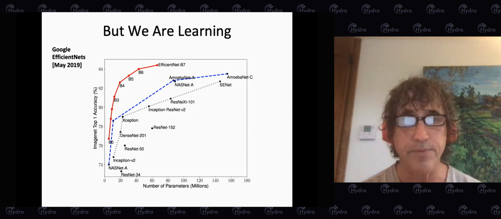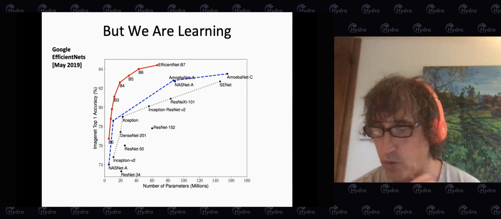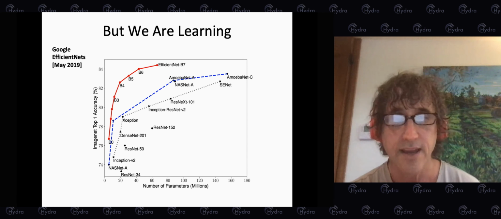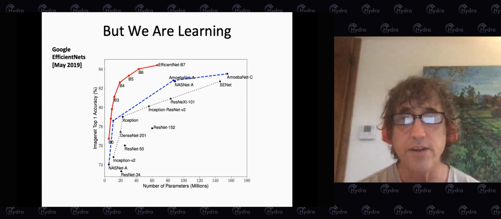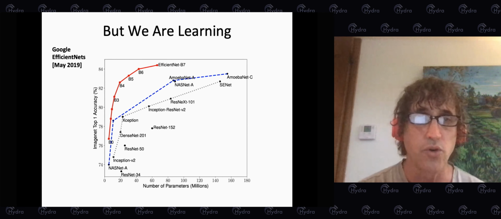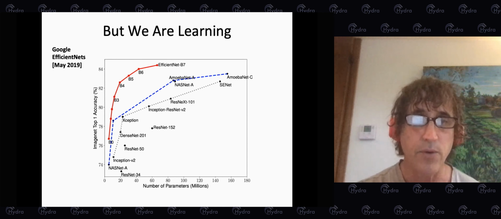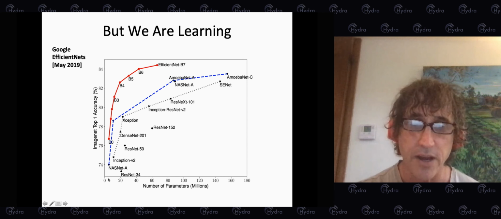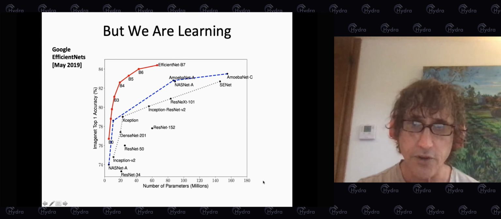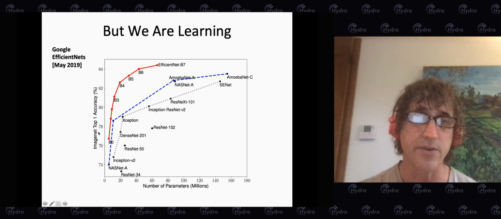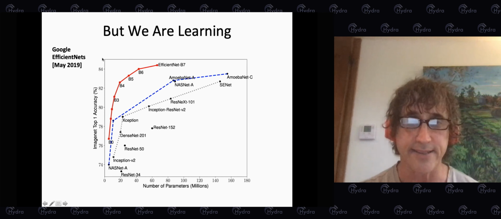Here's an example from May of 2019. What you're seeing here are these new networks from Google called EfficientNets. This is a graph of millions of parameters, the size of your neural network, against the accuracy that you get along the y-axis.